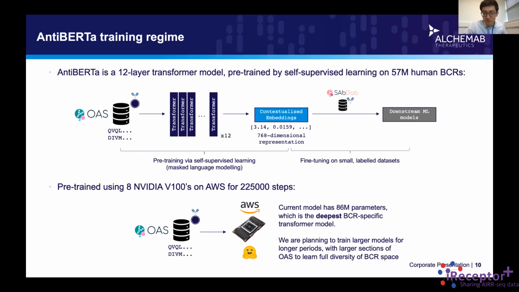Yeah, I see what you mean. One of the reasons we used SAPDAB is that we were especially interested in paratope prediction, and to get paratope annotations, you really need structural information, unless they somehow worked out otherwise. Typically you need structural data, and that's why we stuck to using SAPDAB in this case.